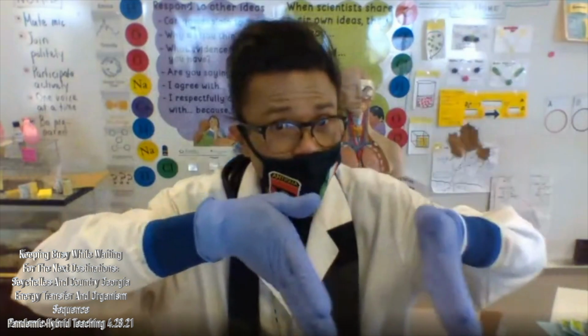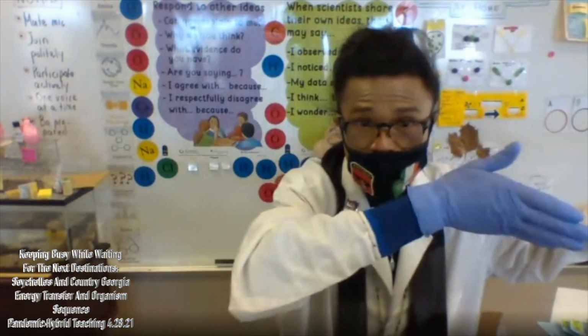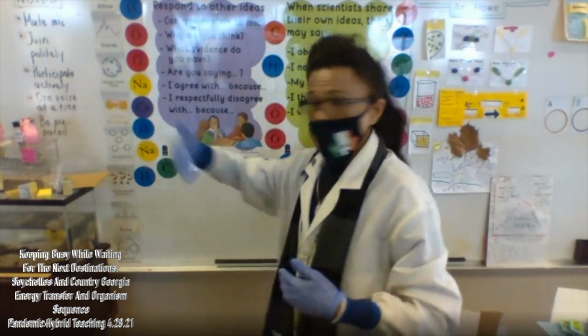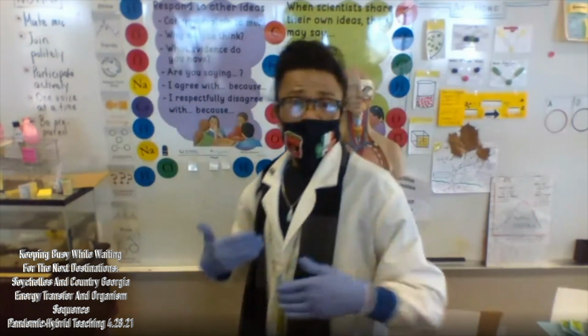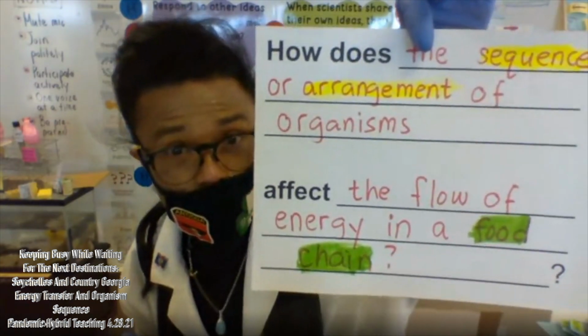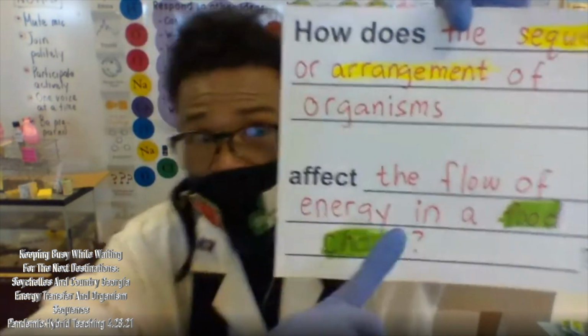Or sequence, for instance, which comes first, after this, after this, after that. Just like when you are queuing or getting in line, there's one person next to you. Sequence or arrangement. But in this case, we want to look at the arrangement of living things. Would it make sense if we put them in a certain order or sequence that will show the flow of energy?